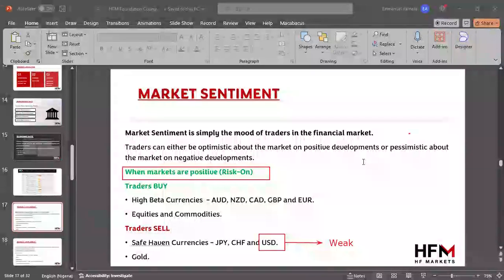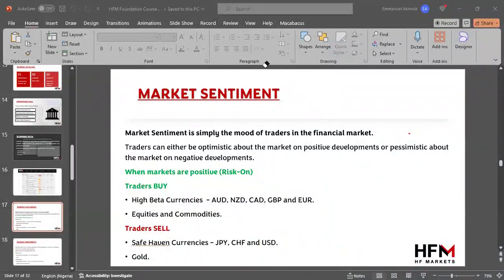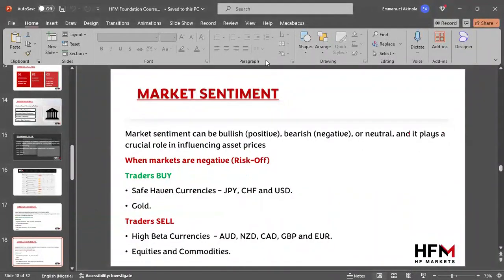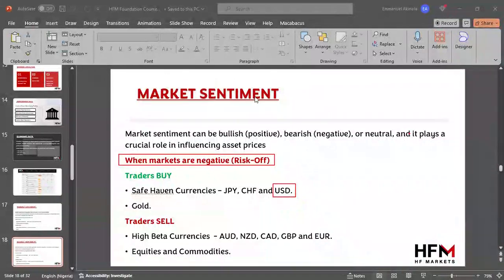When traders are more optimistic, really feeling good about the current market condition, risk on, the USD in that scenario is naturally seen as a weak currency. Weakness for the US dollar. But on the opposite end, when you look at the negative market reactions, the USD in a negative market is actually a strong currency.